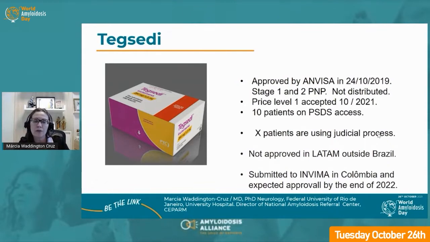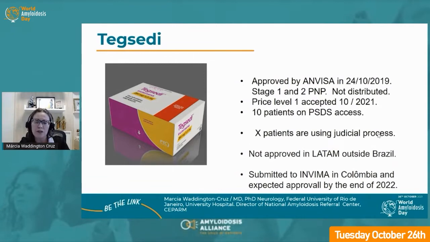There was a lot of discussion with the Ministry of Health to achieve the price level 1 that was recently accepted in October 2021. So we think that now we'll begin a new round of discussions around incorporating this medication in our protocol and having the Ministry of Health distribute it freely all over the country.